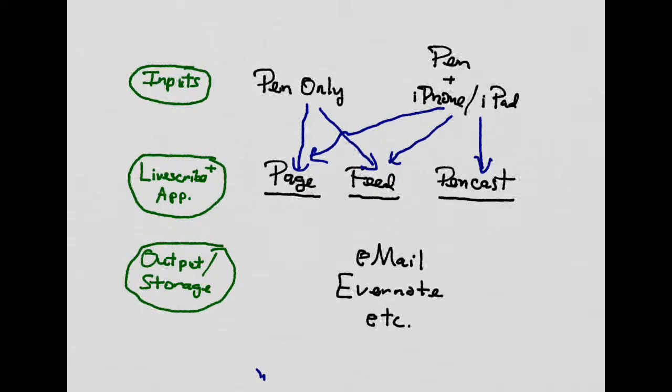It's important to note that the information doesn't just have to live on the Livescribe app. You can take both the pages and the Pencasts and send them out to friends and co-workers either via email, or you can store them in Evernote and so forth.